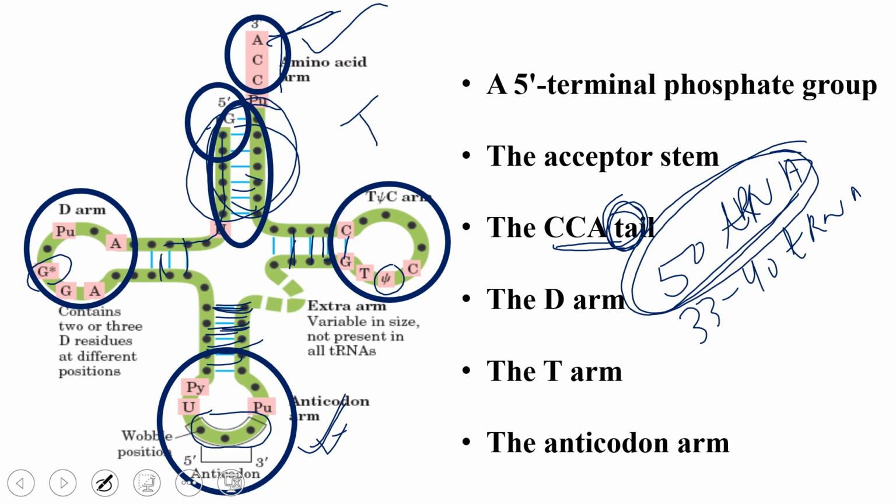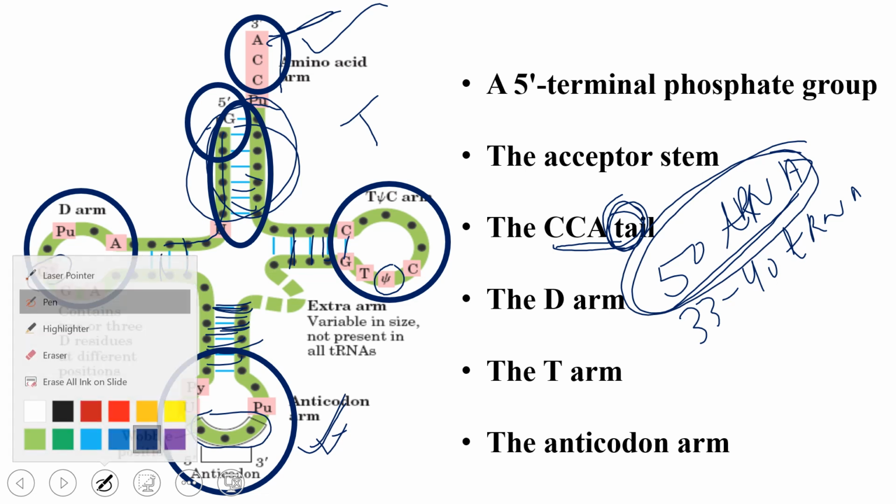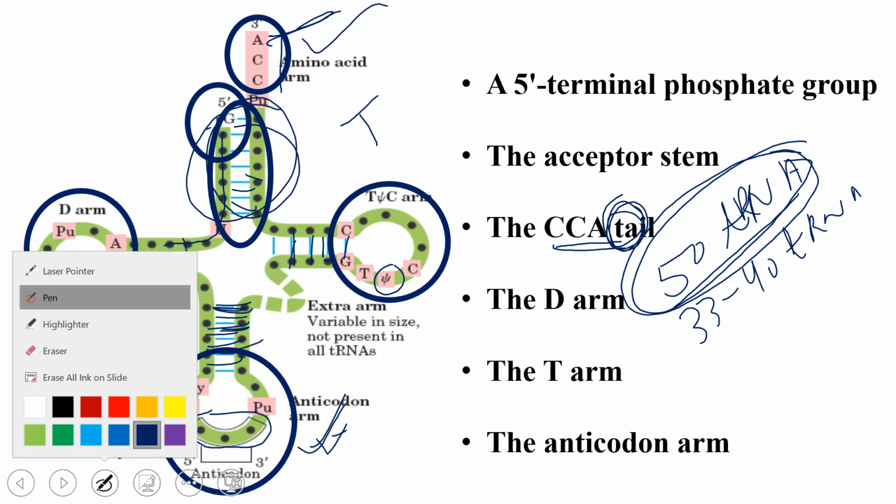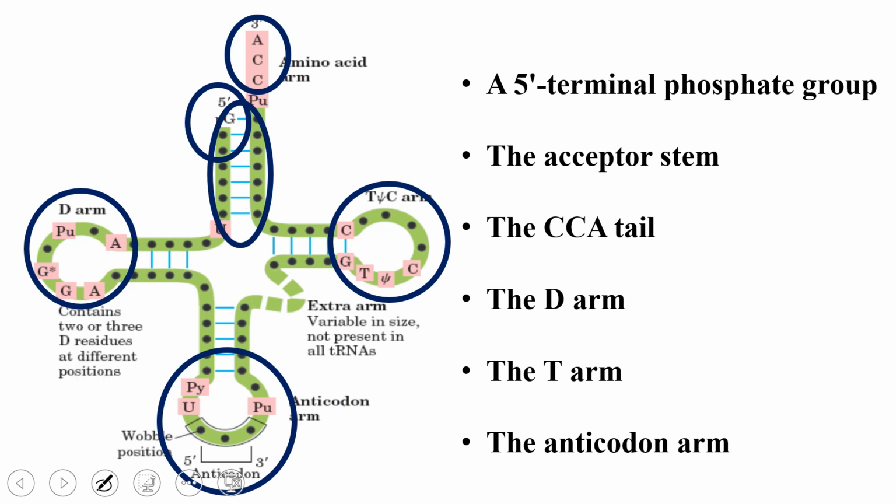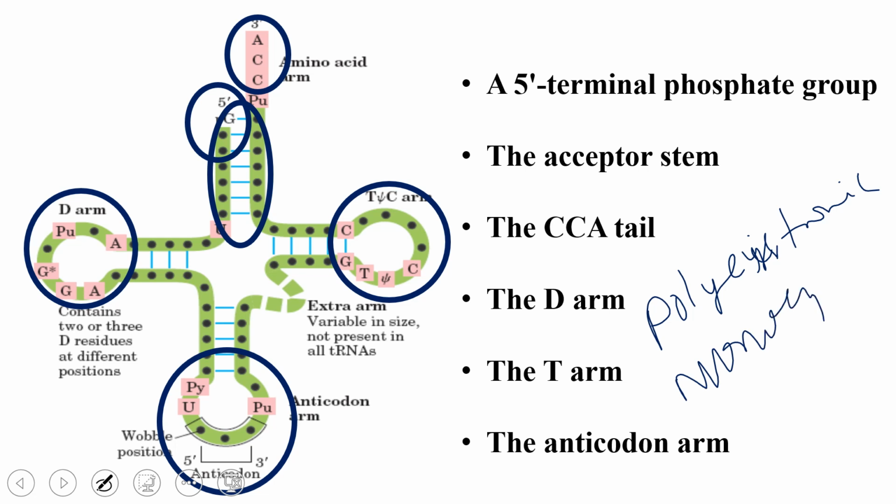एक और important चीज, when we are talking about prokaryotic systems, the messenger RNA is polycistronic. आप लिखना चाहें: in case of prokaryotic systems the mRNA is polycistronic, and in case of eukaryotic systems it is monocistronic.